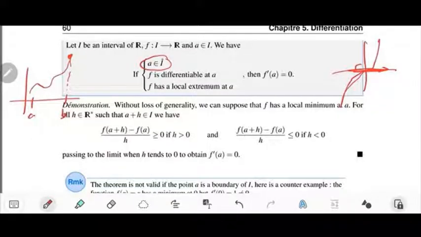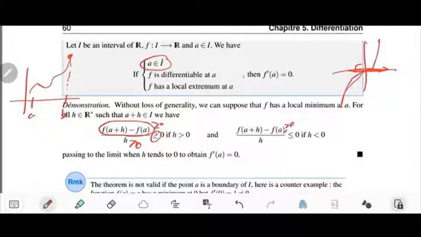Now to prove this, let's prove it for the local minimum at A. If A presents a local minimum, then for any A plus H around A, f of A plus H minus f of A is positive. If H is positive, then the ratio will be positive.